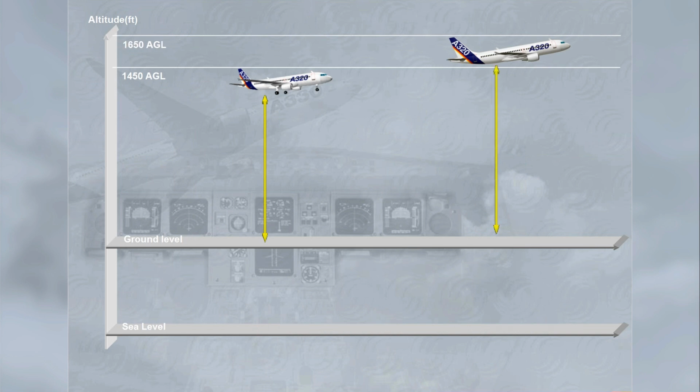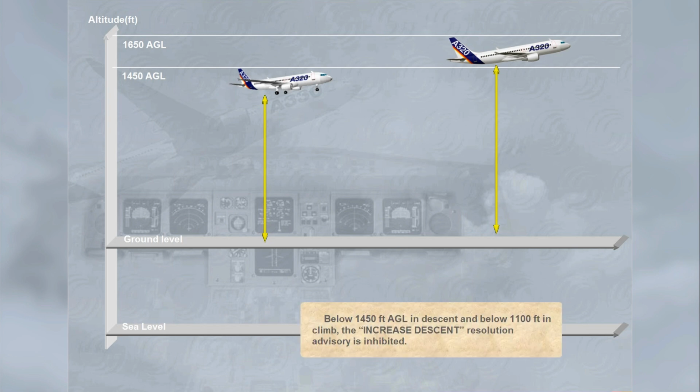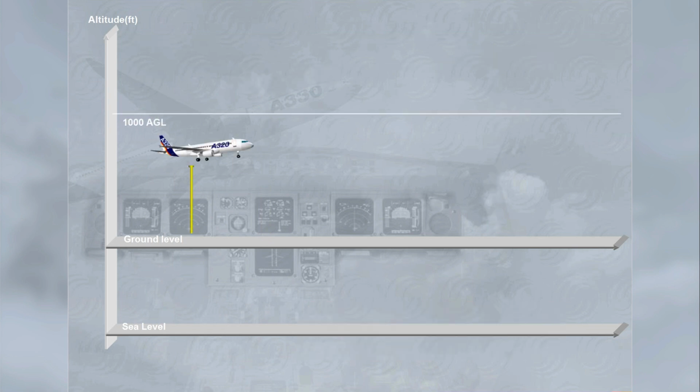Below 1,450 feet above ground level in descent and below 1,100 feet in climb, the increase descent resolution advisory is inhibited. Below 1,000 feet above ground level in approach, the descend resolution advisory is inhibited.